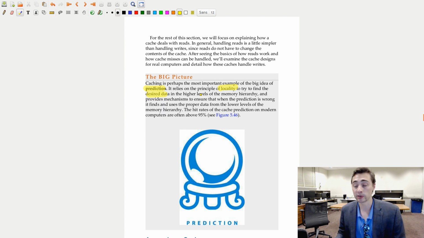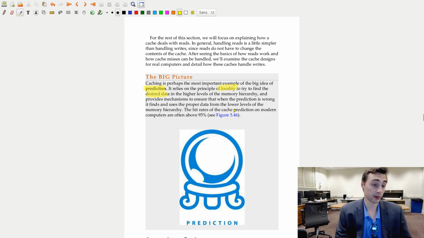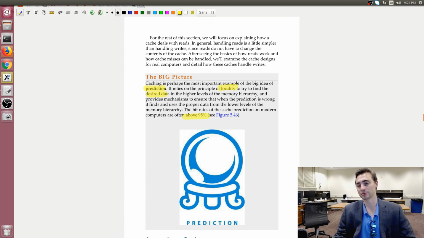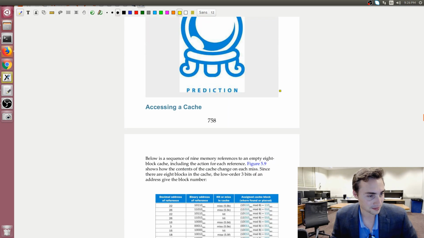And spatial locality: if we use something in this location, we're probably going to use something right next to it. The hit rates of cache prediction on modern computers are often above 95%. So we do a good job with this. You can thank all the architects back in the day for pioneering the field.